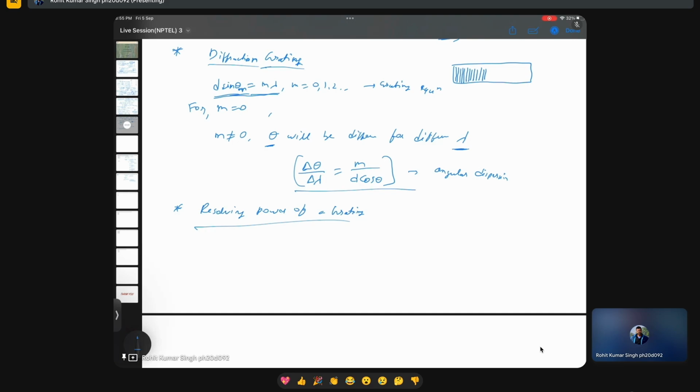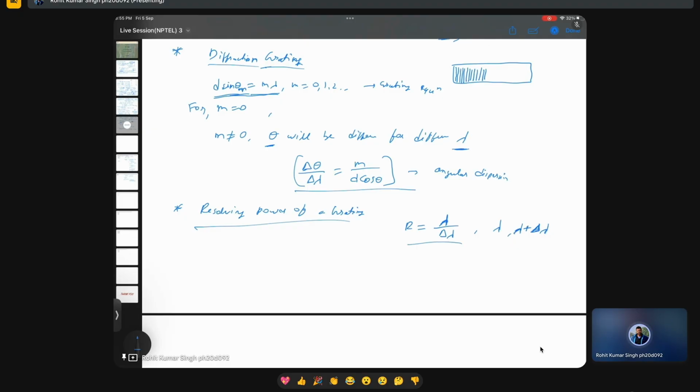Okay, and the resolving power is given by this formula, lambda by delta lambda. So this is basically for when one of the lights has wavelength lambda and the other has lambda plus some delta lambda, a little bit greater than lambda.